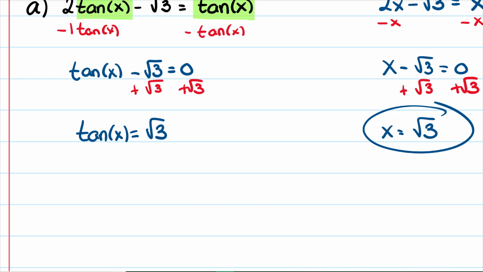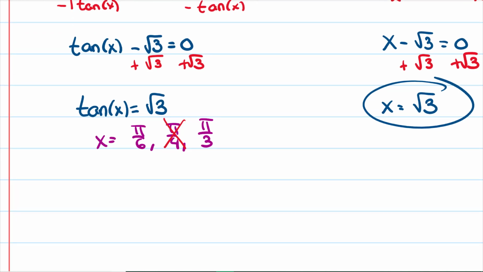Well, it's positive, so we know we're in quadrant 1, and our 3 points are either pi over 6, pi over 4, or pi over 3. We know for sure it's not pi over 4 because that would give us 1. So it's either pi over 3 or pi over 6. I'm just going to test pi over 3. Tangent of pi over 3 is equal to... now, tangent is equal to y over x.